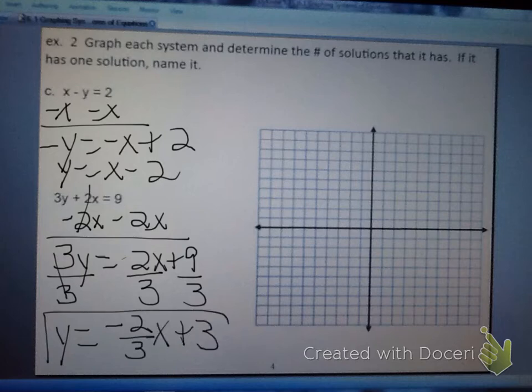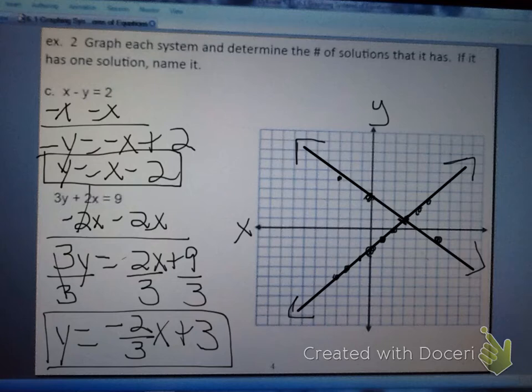Okay, now we need to graph these two equations. Okay, these two lines cross at the ordered pair 3, 1, so the solution is 3, 1. That is the answer where they cross.